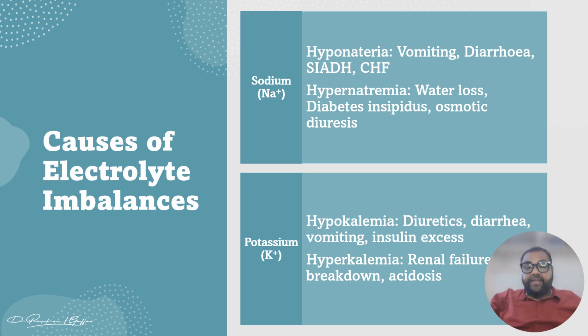And in the case of renal failure, nervous breakdown, and acidosis, there will be hyperkalemia. Once again, remember the normal value, that is 3.5 to 5 MEQ per liter, right? Now let's see other causes of the electrolyte imbalances. Another electrolyte, that is calcium.